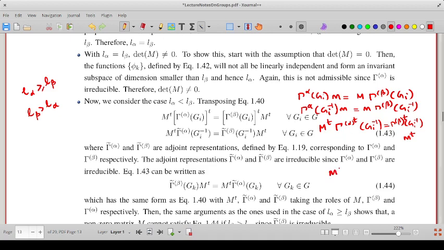so this is equal to m transpose, then gamma alpha gamma tilde alpha gi equal to, and over here this is gamma tilde beta gi times m transpose, and this is the same as this because I can use gi inverse instead of gi.